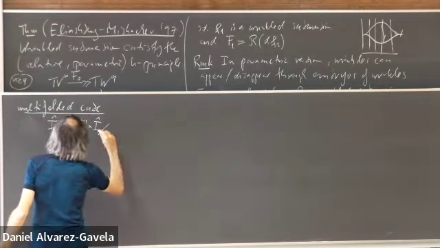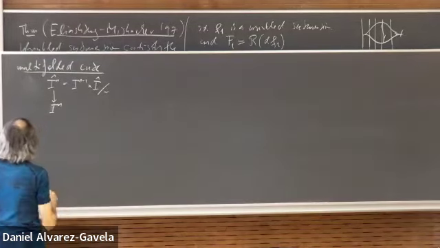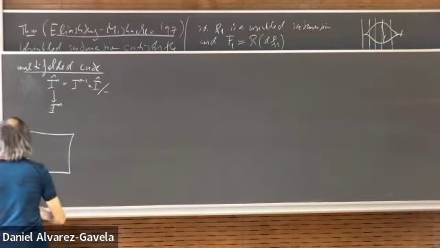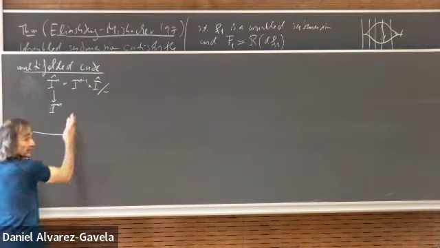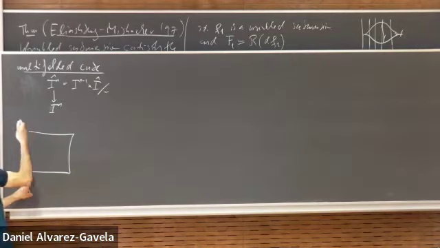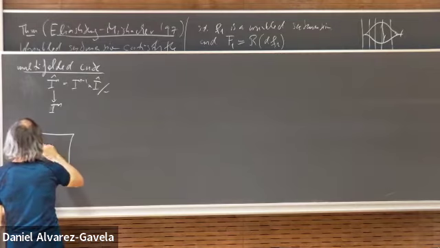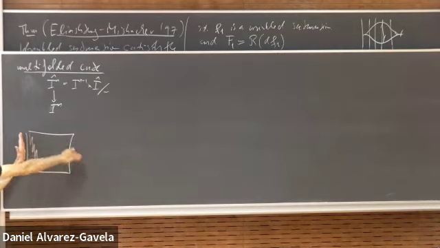But you want to identify something, namely, if I draw a two-dimensional picture, then in this direction I want to take the folded interval. So this becomes something like this. And as I go to the boundary of this square, I want to undo the folding.